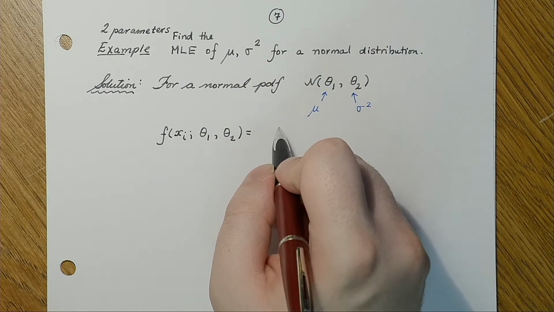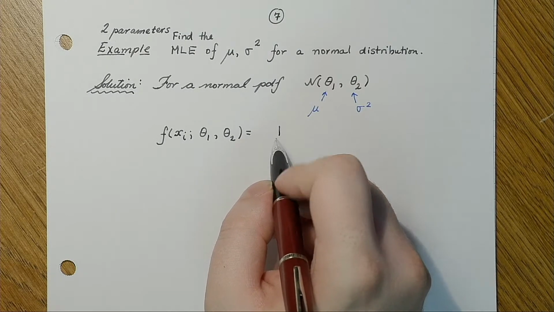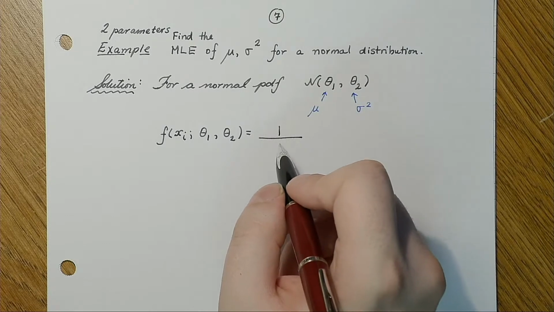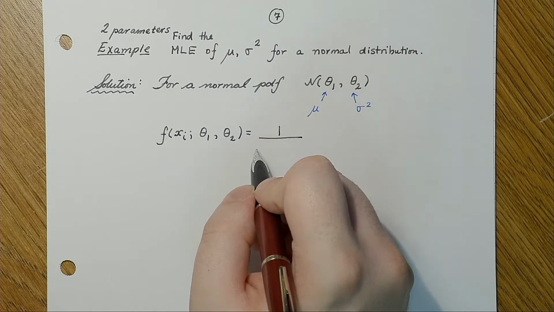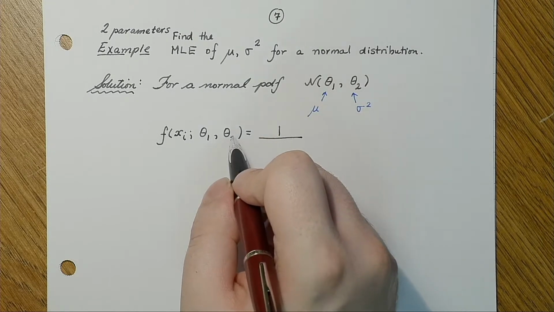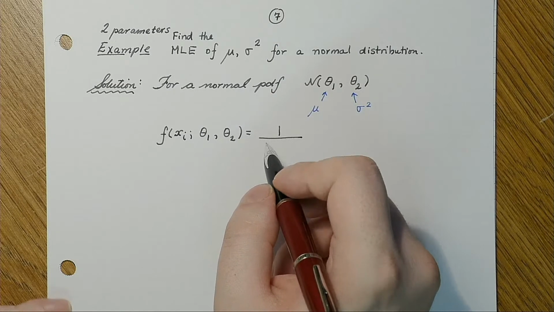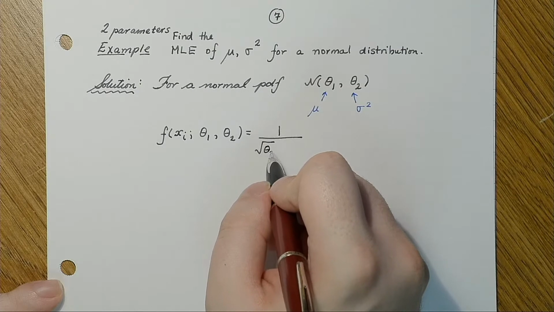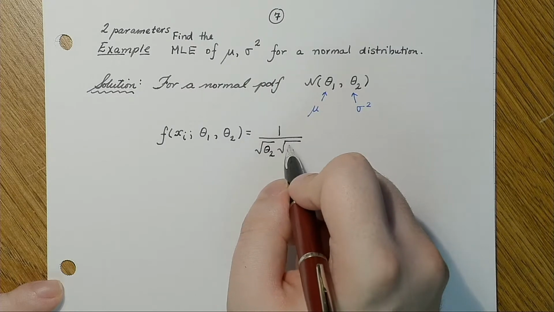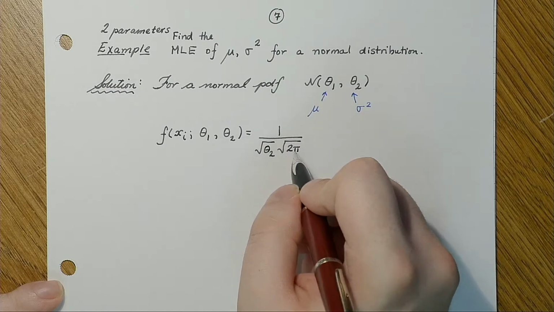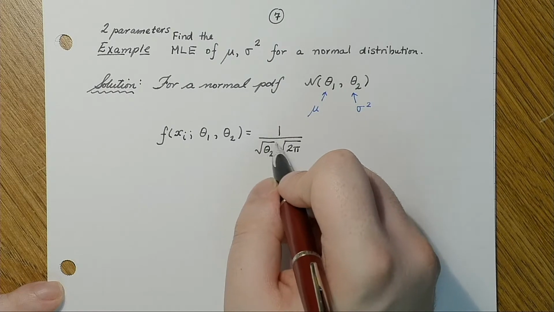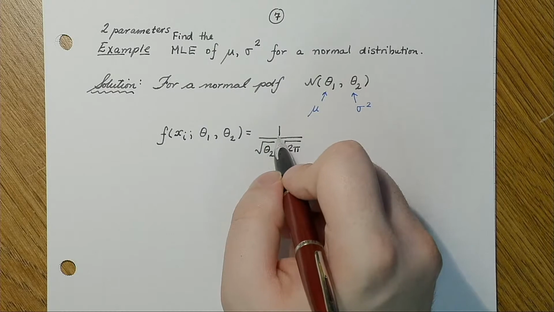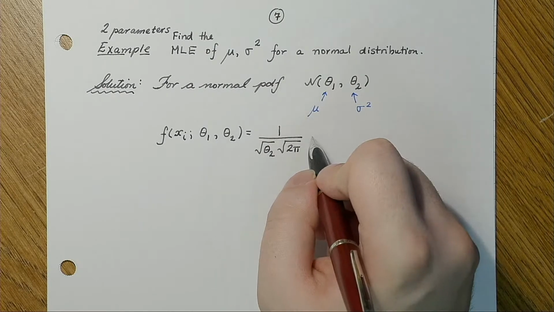So it should be 1 over, and again, this is squared. So one over square root of 2 pi, and also over the square root of the variance, well, 1 over, and this is really the standard deviation.